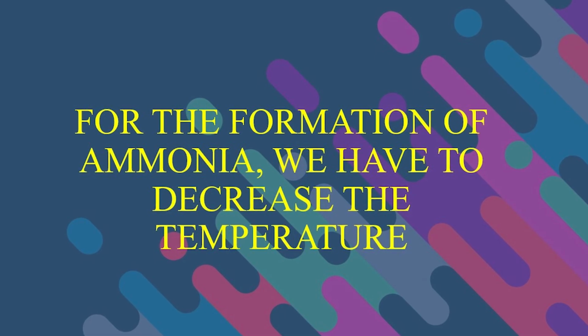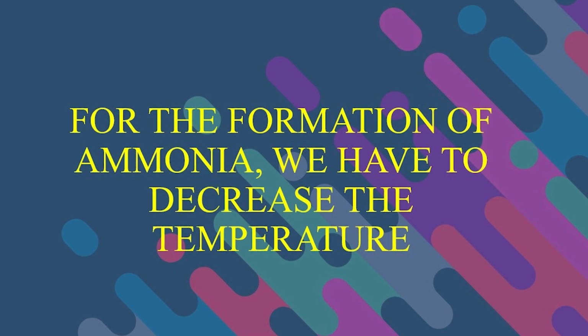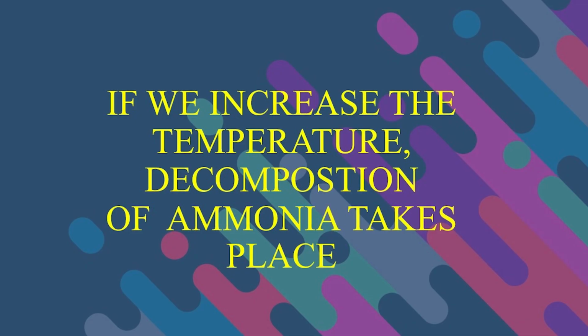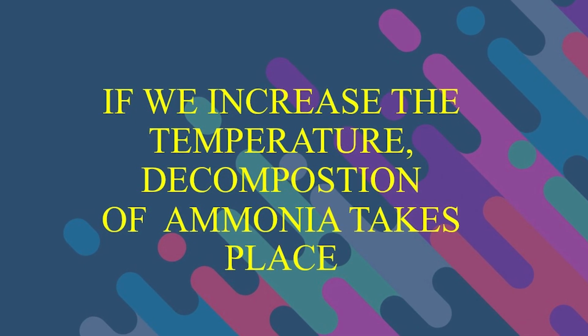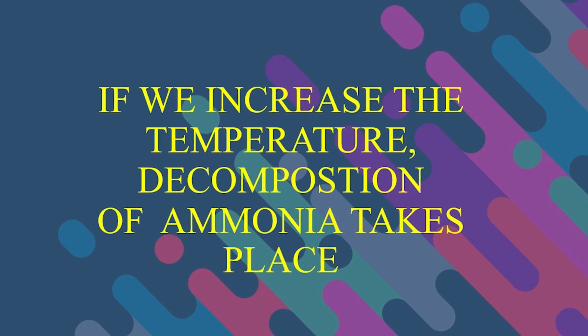So for the formation of ammonia, we have to decrease the temperature. Decreasing the temperature will favor the formation of ammonia because the forward reaction is exothermic. On increasing the temperature, what will happen? It will result in the decomposition of ammonia. This is the effect of temperature.